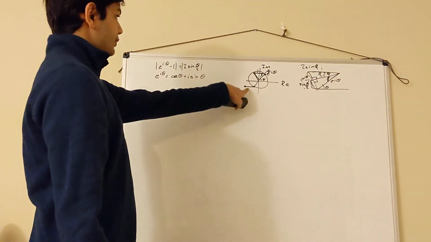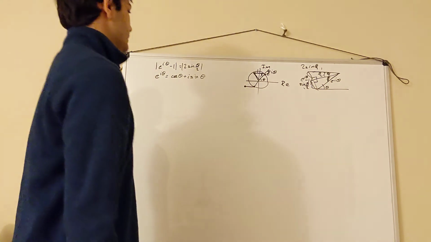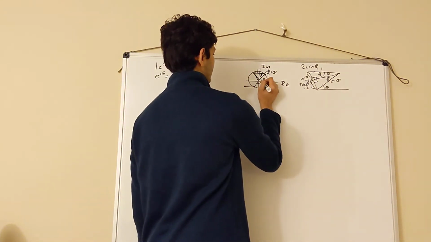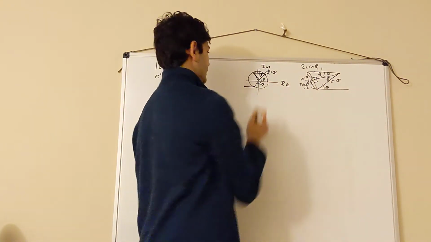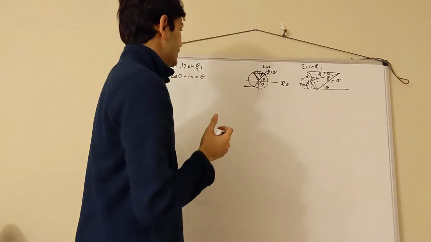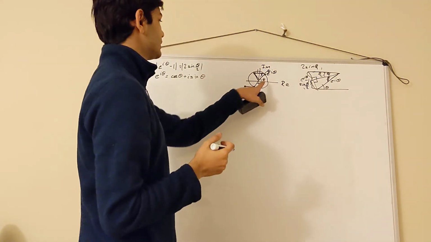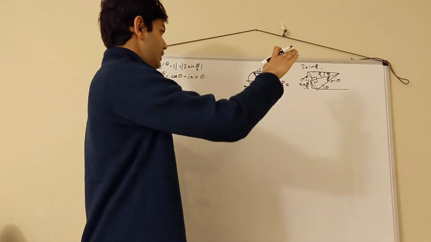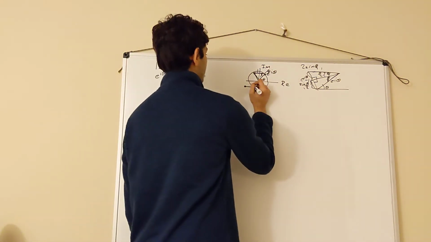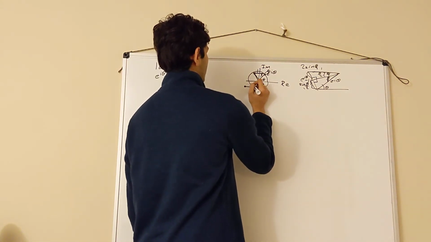You can also look at a point down here, and this is where the absolute value comes in. This is your negative theta. If you consider theta as a positive number, then because it's below the x-axis, it's going to be a negative value. But this angle measure over here is also theta.